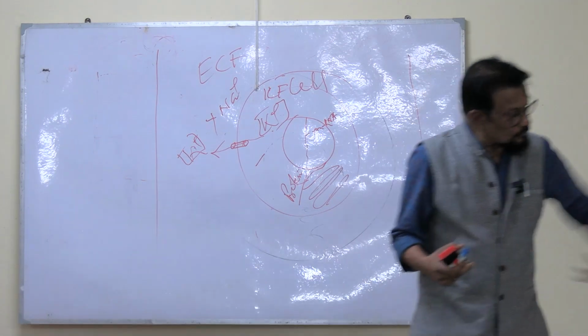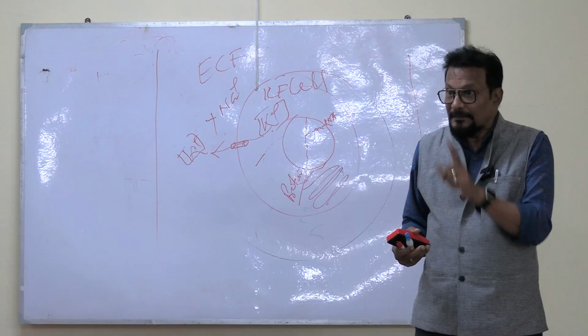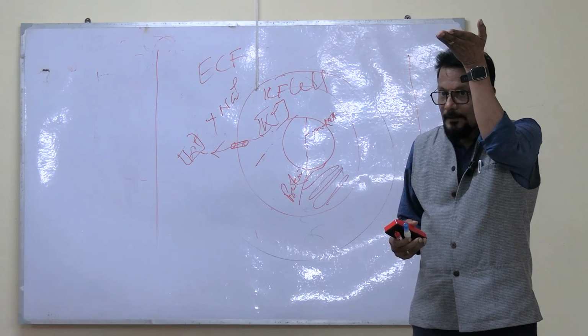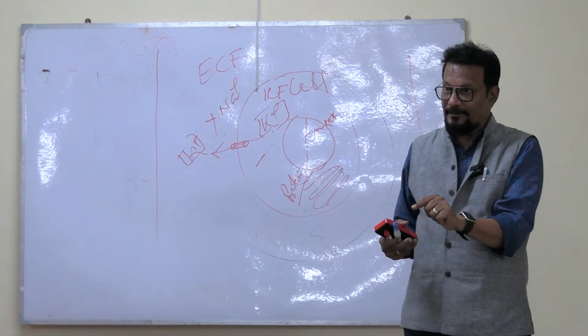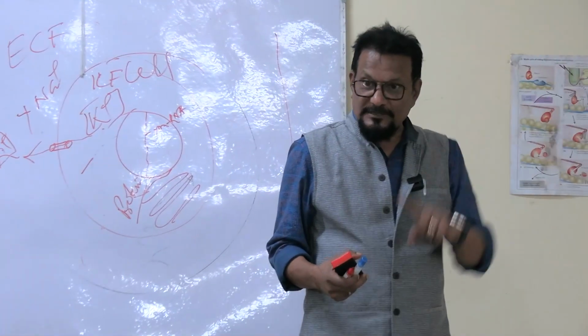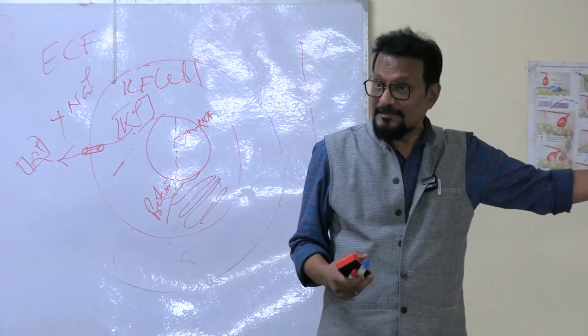Now, if it goes to this side, what happens? This side gradually becomes negative. Another force is developing here because of the movement of potassium from this side to that side.